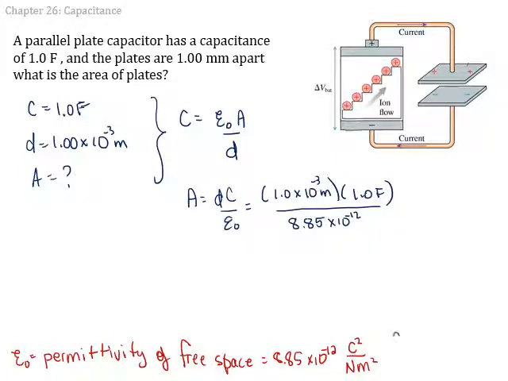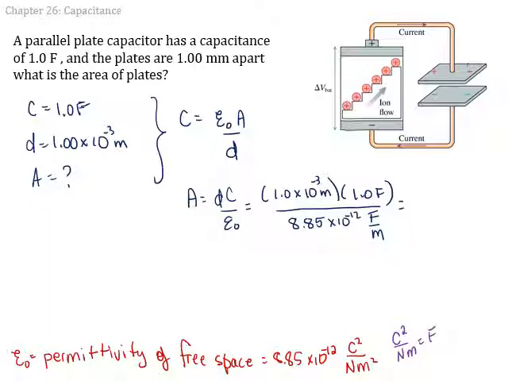Here we might recognize that coulombs squared over newtons times meters is a farad. So coulombs squared over newtons times meters squared is the same thing as a farad over a meter. Going back to basics, thinking about units is always an important step in every problem.